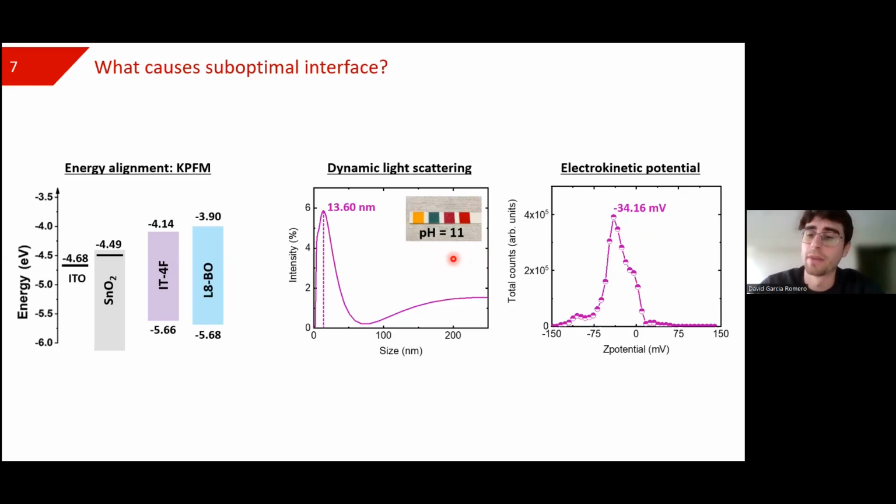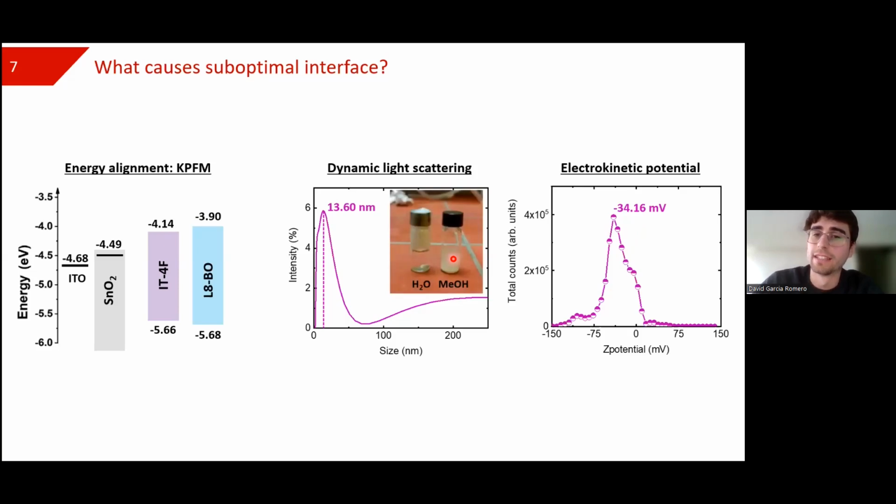Now, let's remind ourselves that this solution was in water, so we need a strong ligand to make the nanoparticles stable in water. We also saw that after precipitating and rewashing these nanoparticles and redissolving them in water, we could still get a stable solution, while choosing a slightly different polarity solvent like methanol, they became unstable.